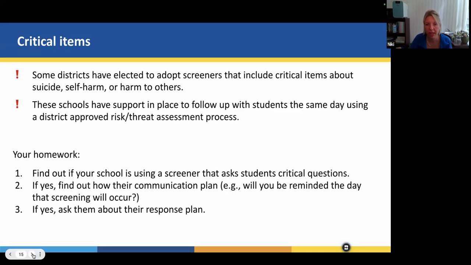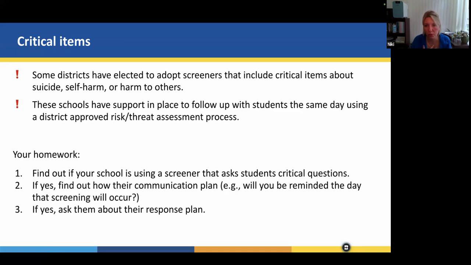If those items are flagged on a screener, a team would follow up within hours, versus if you're using a screener that maybe doesn't have items like that, follow-up could be within a few days rather than a few hours. If it were me, and I eventually will have a student in our public schools, I would want to check with the school if I know that they're engaging in this social emotional behavioral screener.